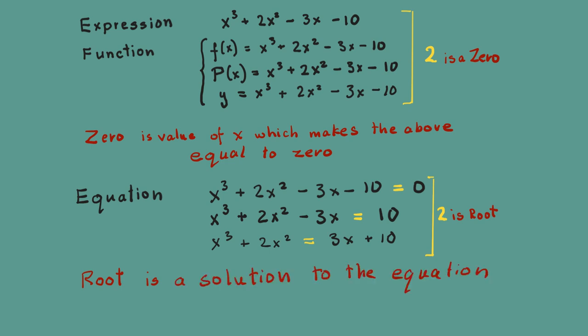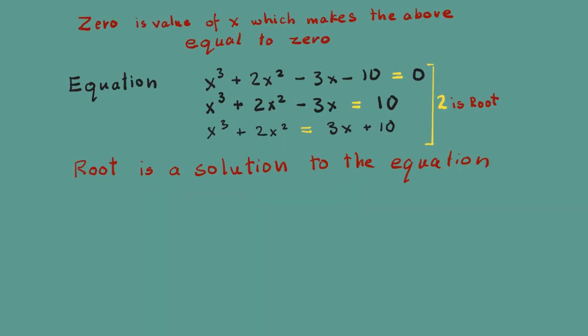And so we might say that possibly 3 is a 0 of something like x squared minus 5x plus 6, because I've just written an expression for you.